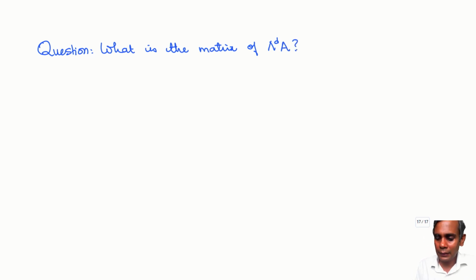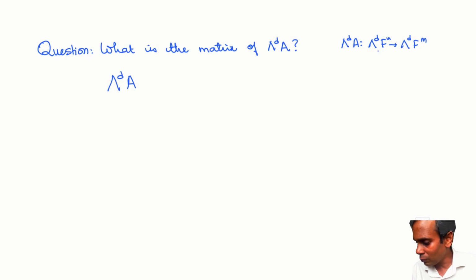What I mean is that this wedge^d A goes from wedge^d F^n to wedge^d F^m, and so we take a basis vector of wedge^d F^n.